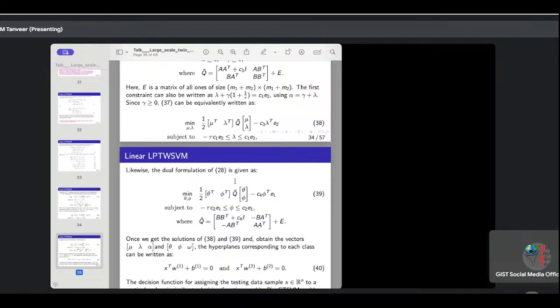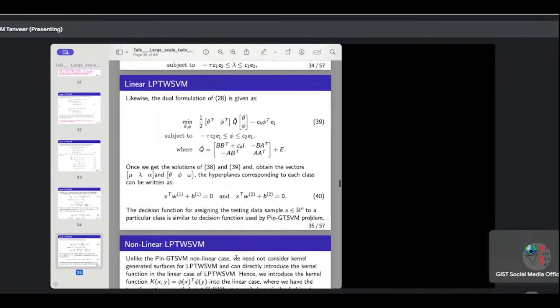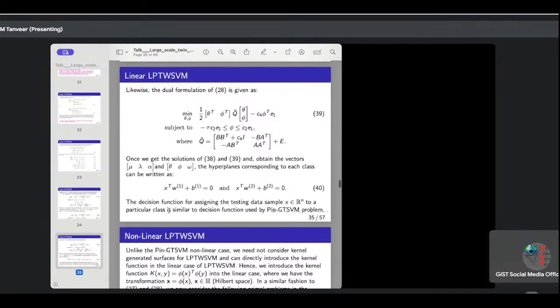Once we get the solutions, we can find the hyperplane corresponding to each class, and the decision function is similar to the previous baseline algorithm like Pin-GTSVM.